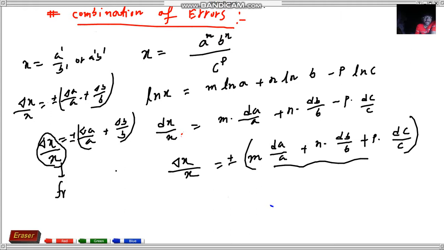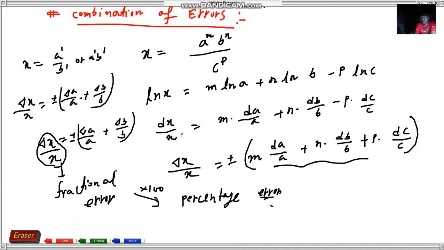And if we multiply the fractional error by 100, it will convert into the percentage error. Okay, so this is all about the error. Okay, thank you.